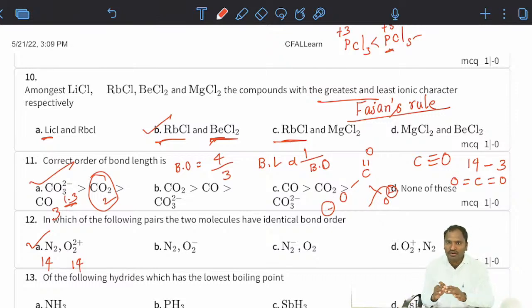If two bond orders are the same, then how to decide which is more stable? Here there are no exceptions. Whichever has more anti-bonding electrons is less stable.